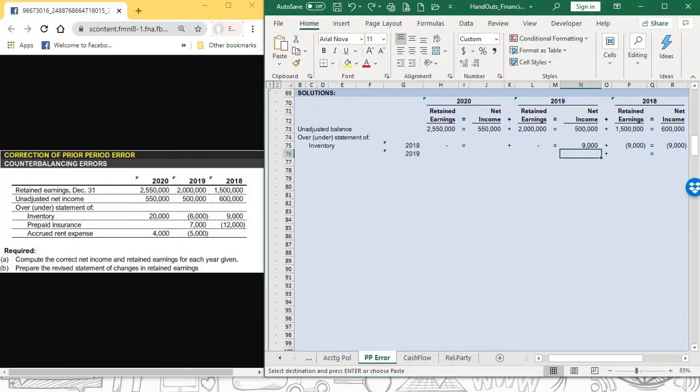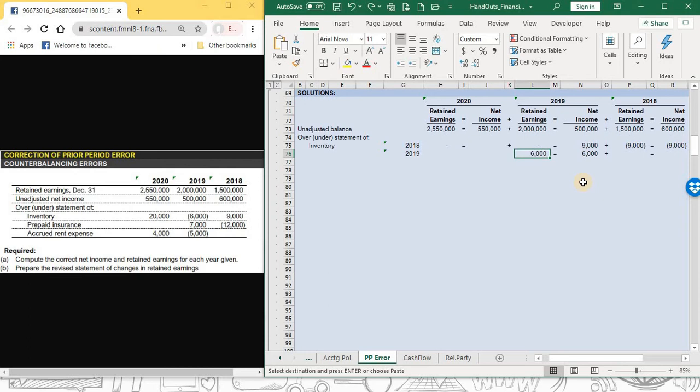So again, since the ending inventory in 2019 is understated and ending inventory has a direct relationship with net income, the 2019 net income is also understated. And to correct the understatement of the 500,000 net income, we need to add back the 6,000 pesos. And of course, it will have an effect also on the retained earnings at the end of 2019.